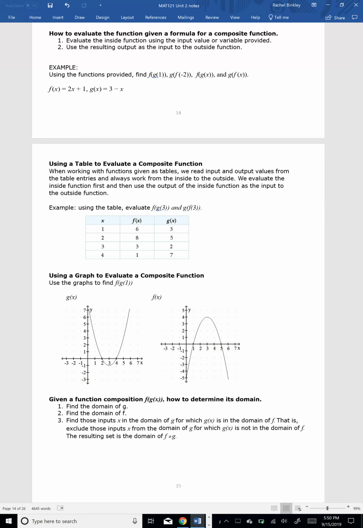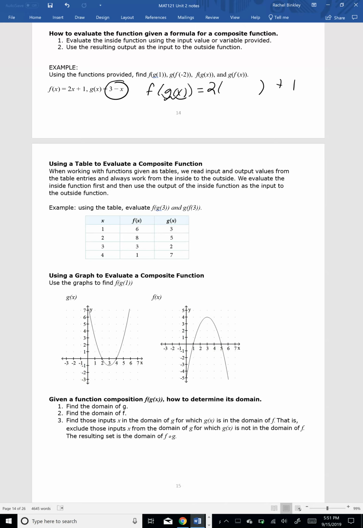So if we don't have a number, here's what I want to get to, this one. f of g of x means that wherever I have x in my f of x, which is 2x plus 1, right? But instead of x, I'm going to put the entire g of x.